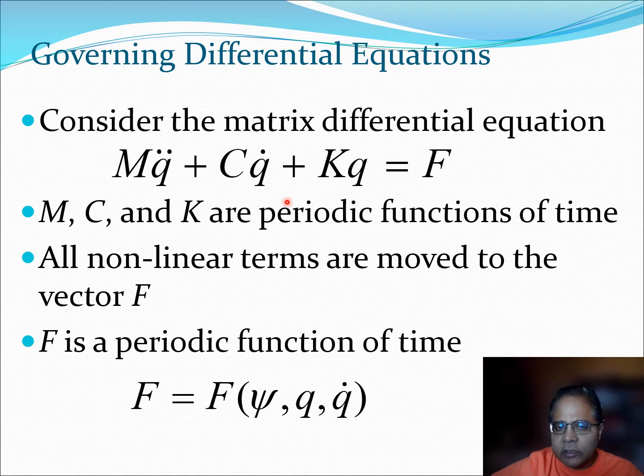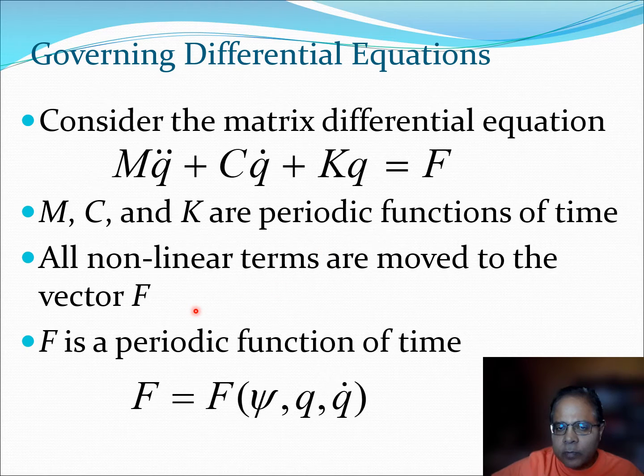So consider the matrix differential equation of this form: m q double dot plus c q dot plus k q is f. And as before, m, c, and k are periodic functions of time. For example, they may contain sinusoidal terms and so on.